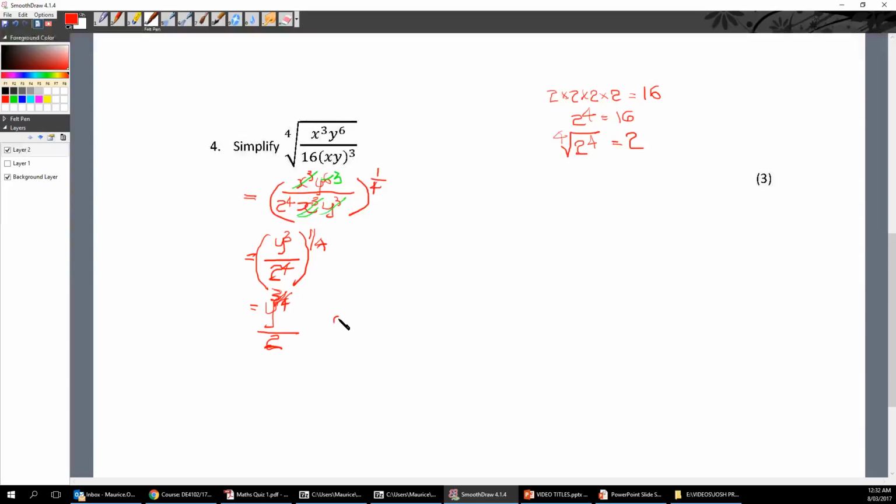Or we could write it, and many students did, a half, 1 on 2, y to the 3/4. Like that. And there you are. There's your answer.